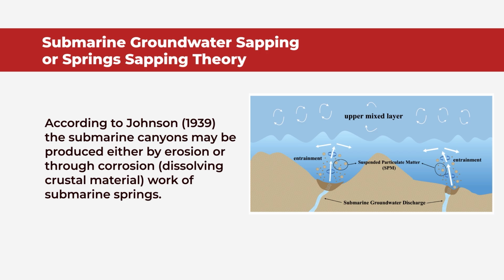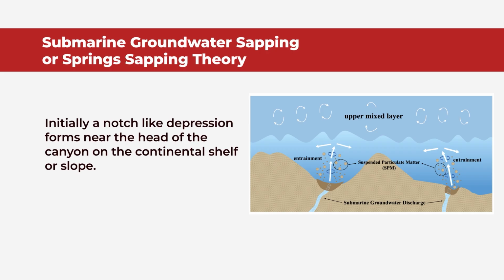According to Johnson in 1939, the submarine canyons may be produced either by erosion or through corrosion. Corrosion means dissolving down, so, dissolving crustal material. Work of submarine springs: initially, a notch-like depression forms near the head of the canyon on the continental shelf or the continental slope.